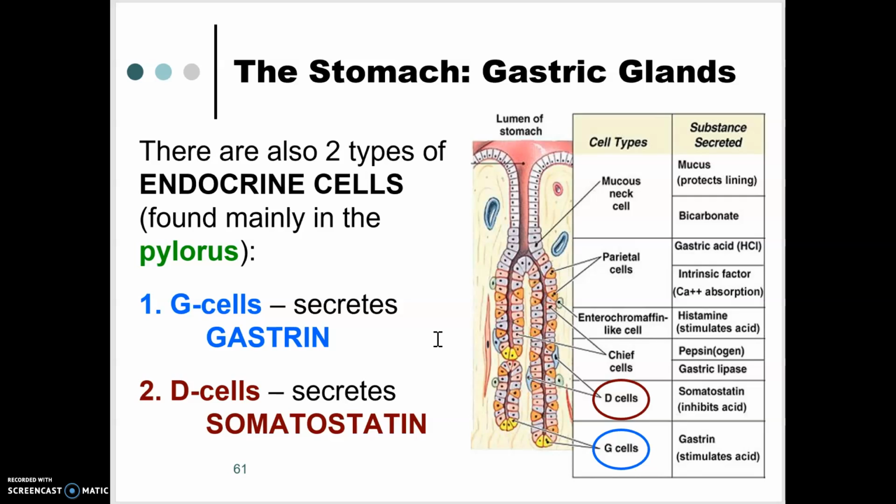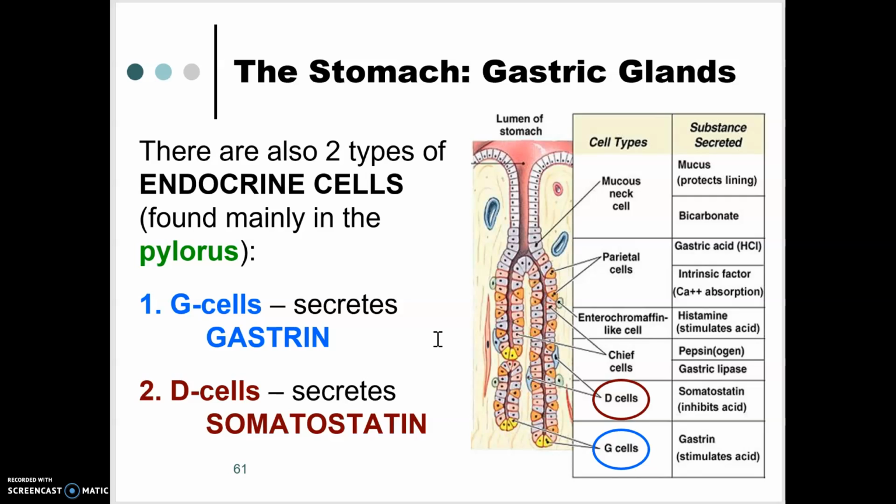On top of those three cells, the mucus, the parietal, and the chief cells, we also have two types of cells that are endocrine. Remember, endocrine cells release their products into the bloodstream or the surrounding tissue fluid, and those products are carried to an effector cell somewhere apart from the cells where they're produced.